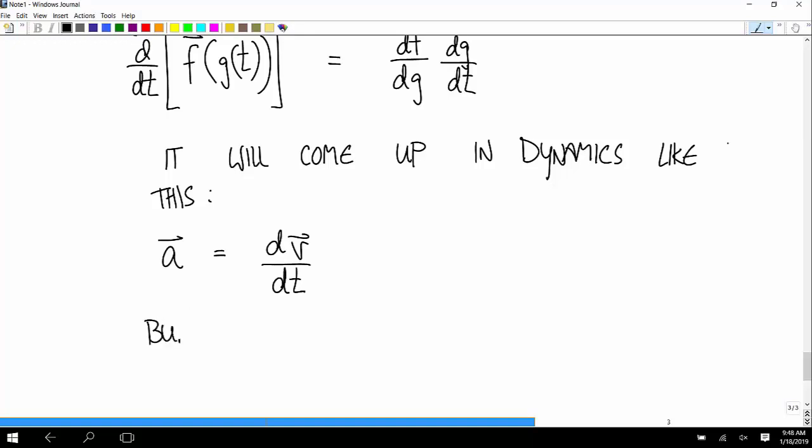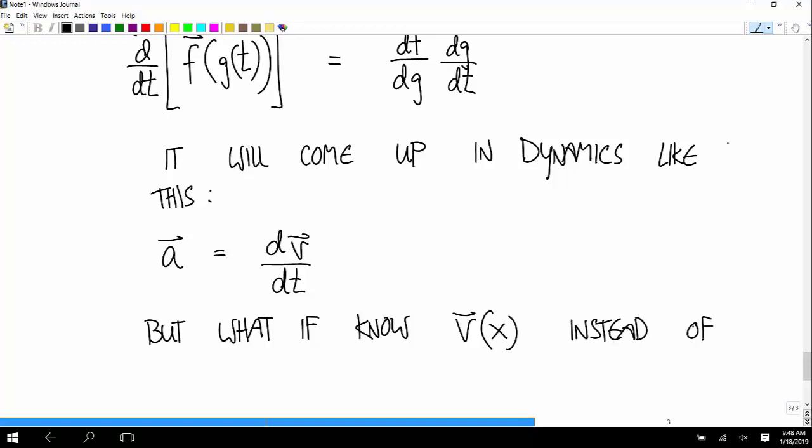But what if we know the velocity vector as a function of a position variable instead of the velocity vector as a function of time?